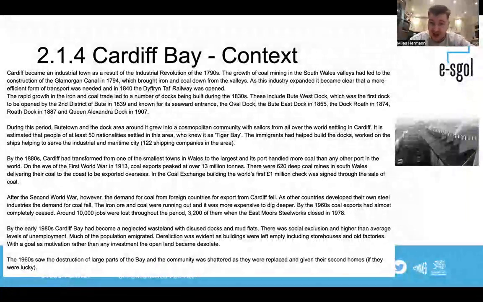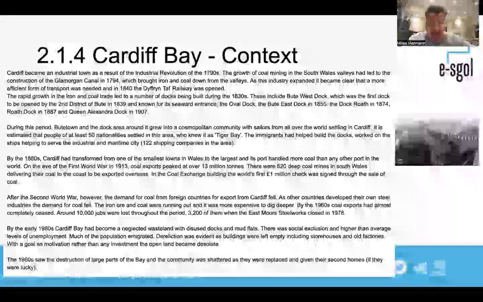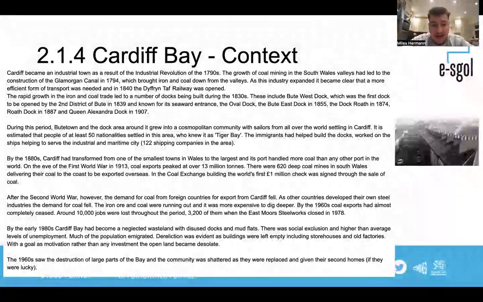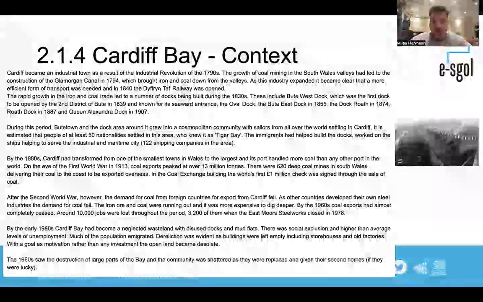By the 80s then, Cardiff Bay had become quite neglected, a wasteland area, with disused docks. There was social exclusion, higher than average levels of unemployment, and much of the population had left. There was no money and no employment in the area, so the sense of community completely disappeared.